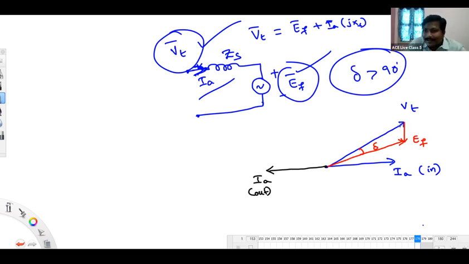VT will be the same. Then how are you going to get EF? Same direction, but in our mind. At that time, Swain, the angle difference between this VT bar and IA bar will not fall in the range of 90 degrees.